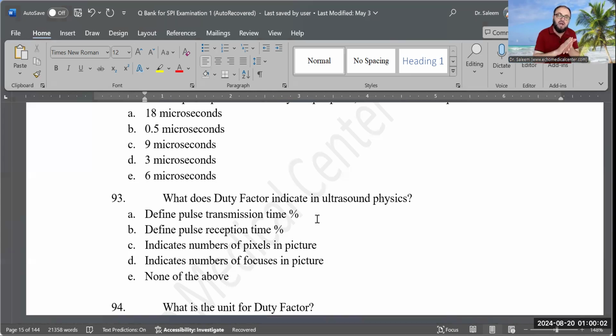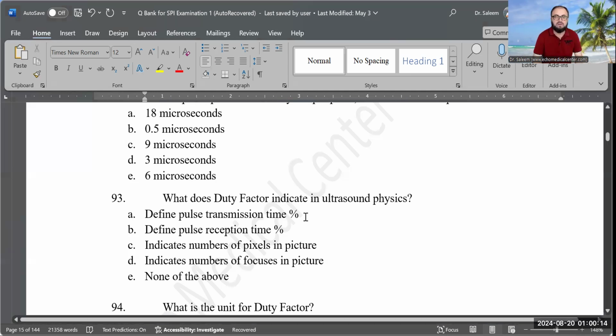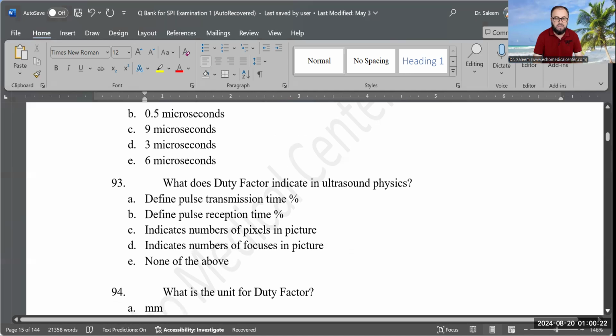Here we're looking for how much time the machine spends on transmission. That is actually called duty factor. It has a specific formula to calculate it. So this is the correct answer. Correct. Okay, let's do the next question.